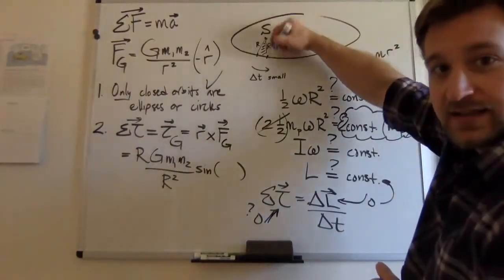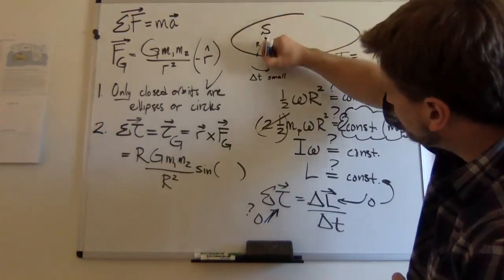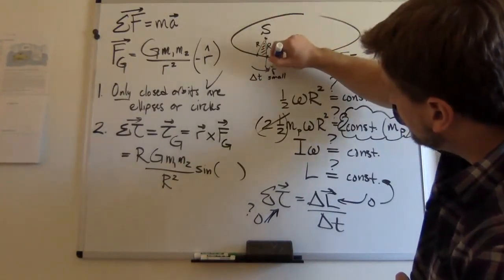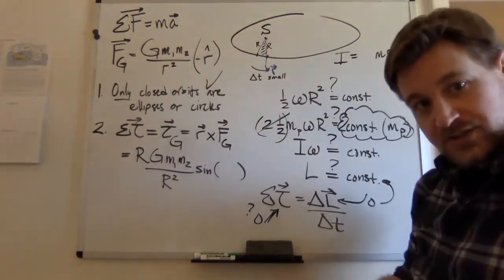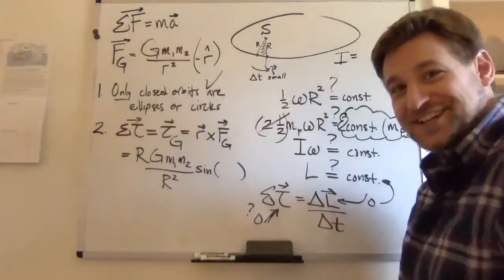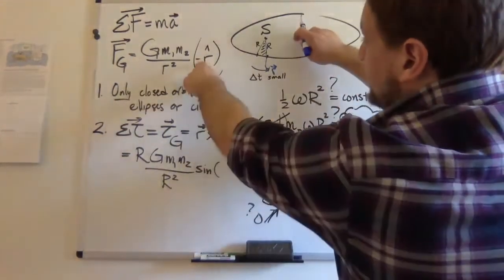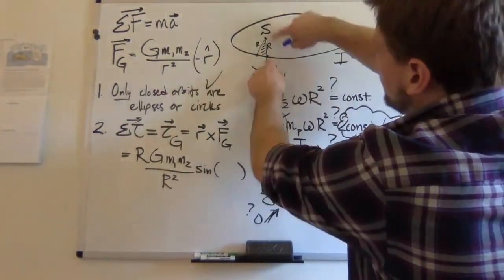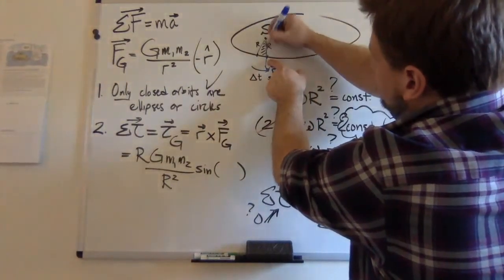From the planet out, the radius direction points this way, r, and the gravitation direction, according to Newton's new patented, trademarked law of gravitation, points inward, along the line between the planet and the sun, inward.